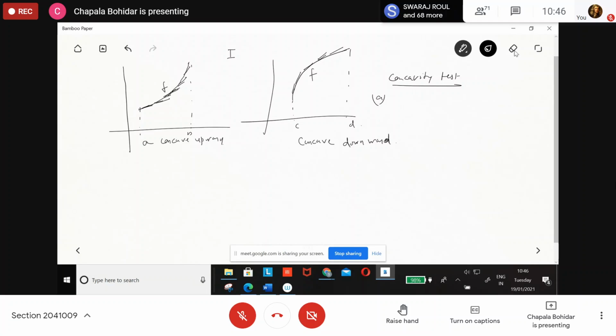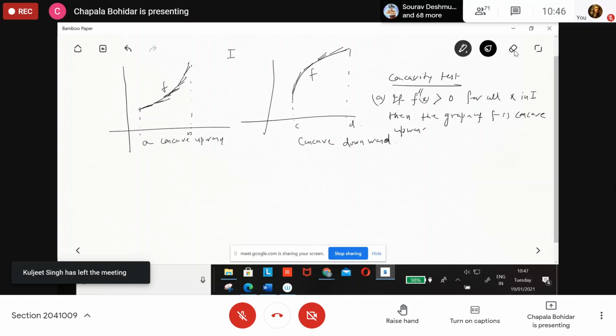A. If f double dash x is greater than 0 for all x in I, where I is our interval, then the graph of f is concave upward on I. Okay?